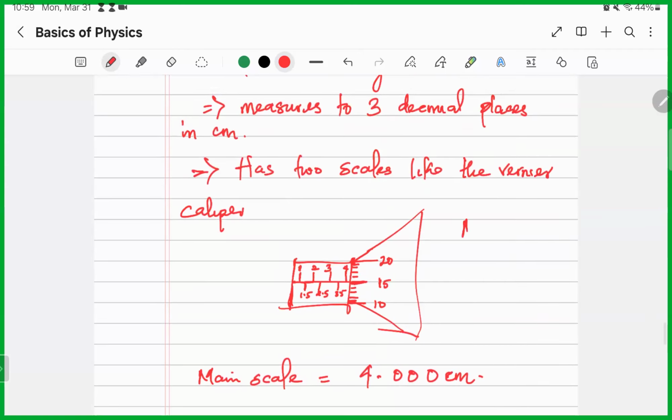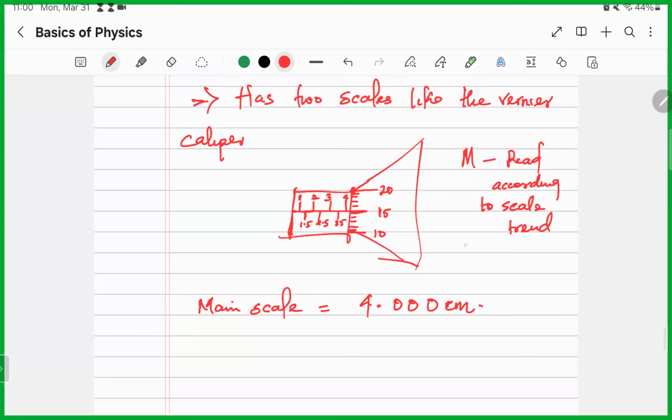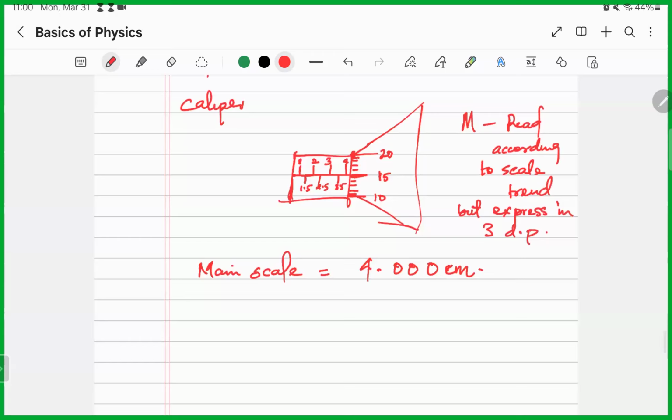For the main scale, read according to scale trend, but express in 3 decimal places. So let's quickly not waste time.